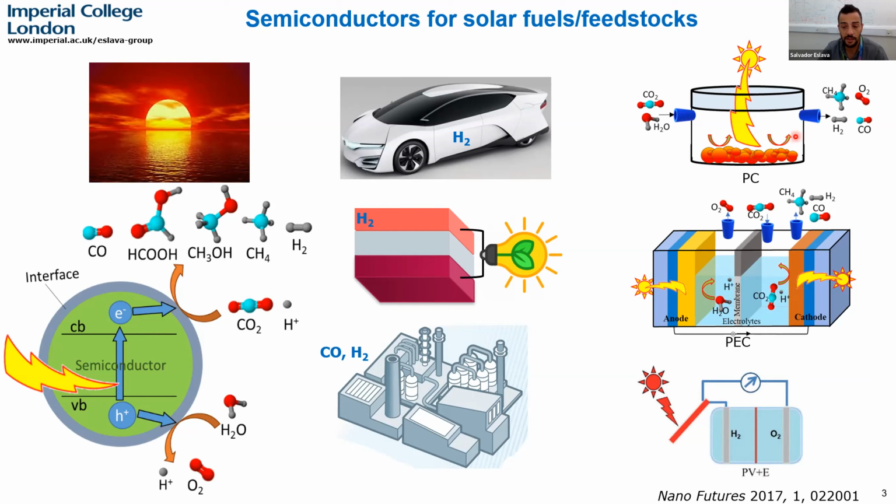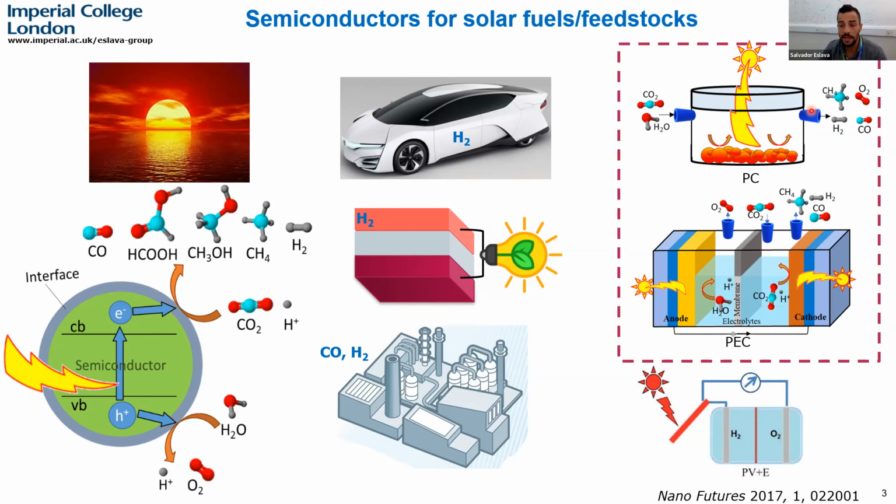Or we could have no electrodes, just powders or suspensions, where we directly convert carbon dioxide or water to fuels using the solar energy. This is the photocatalytic field. There are also configurations in which we combine these three different types.